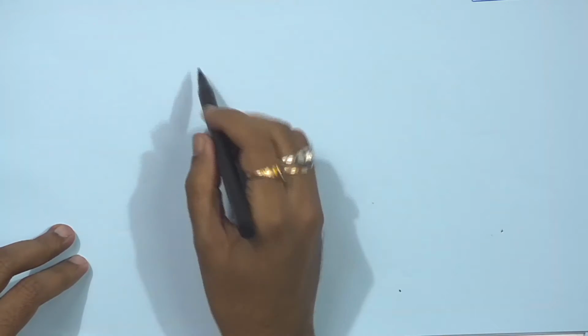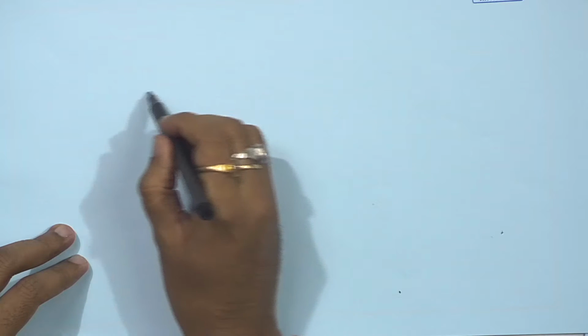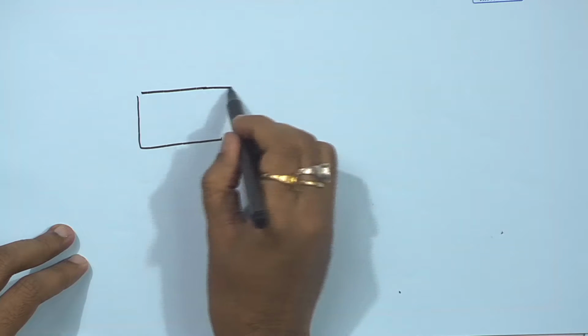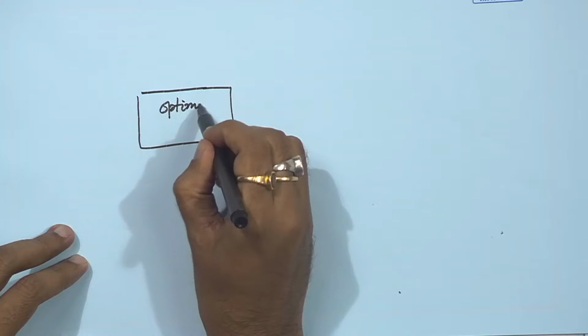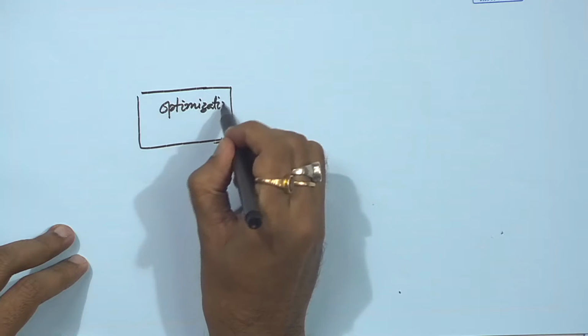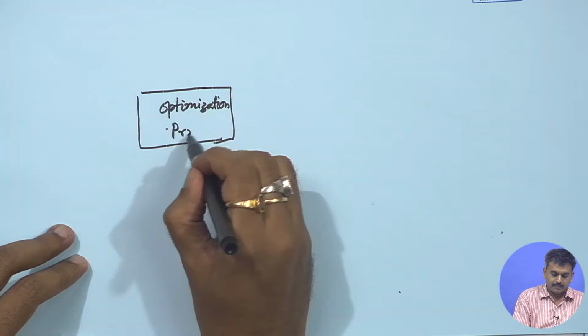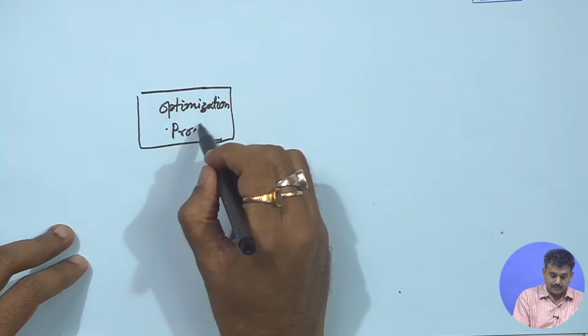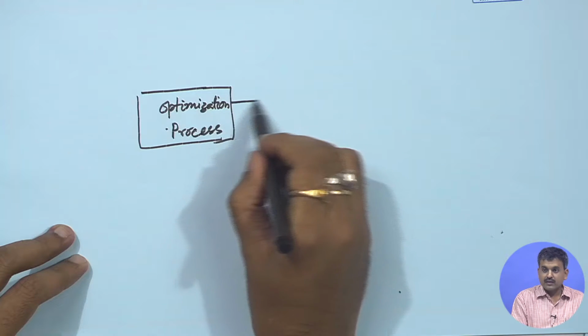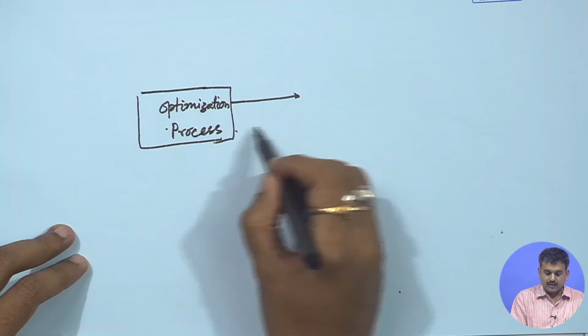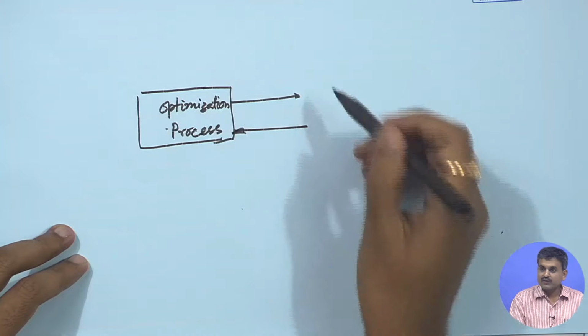Exactly how does the linking work? Let us say that in the optimization process, you need some inputs, some outputs.